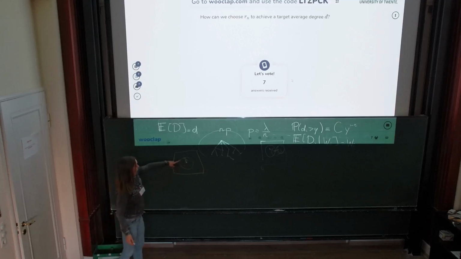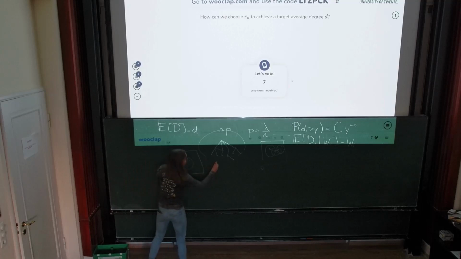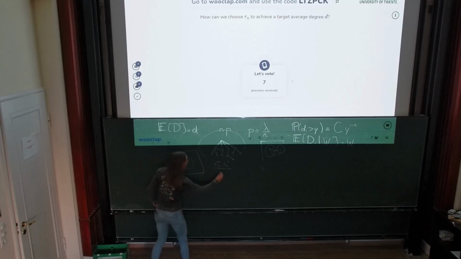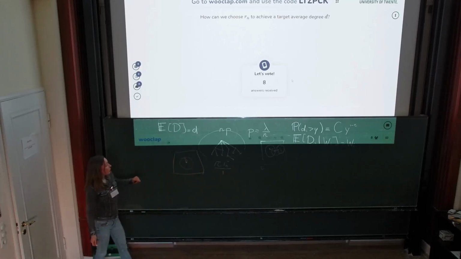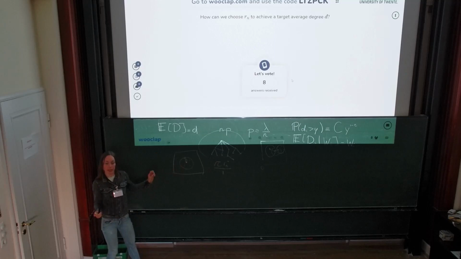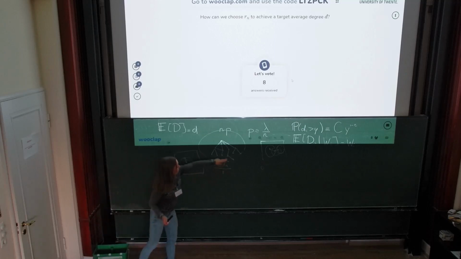The area of this disk would be pi r_n squared, and in total the torus has some area. Let's say that the area is 1. So because these points are chosen uniformly, for every point, the probability that it lies inside the circle is this probability.